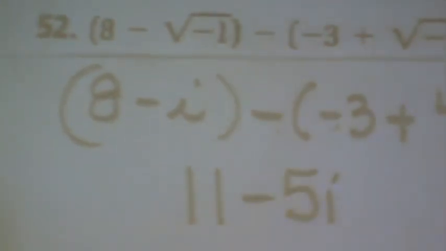So that answer is 11 minus 5i. 53, you're going to distribute. 2i times 5 is 10i, and 2i times negative 3i is negative 6i squared, which this turns to a plus 6. So it's 6 plus 10i.